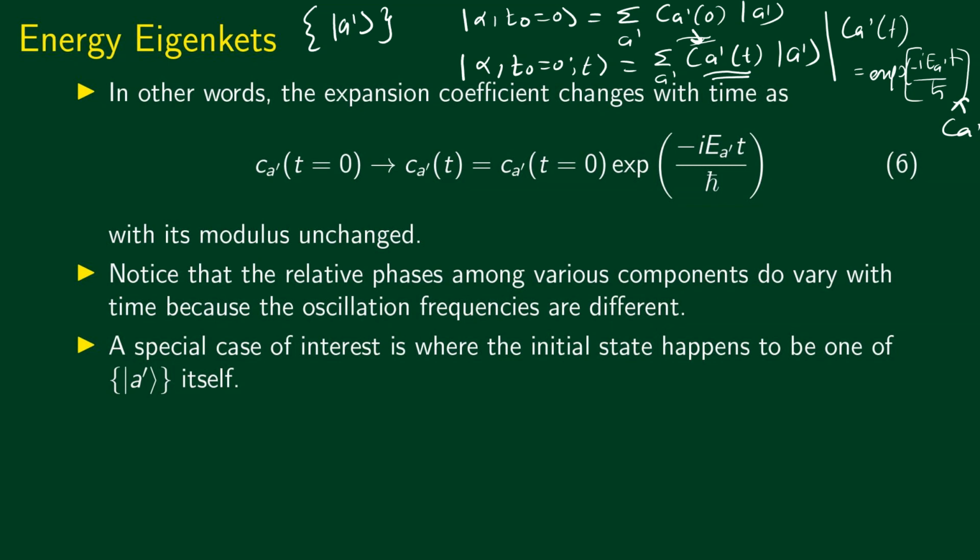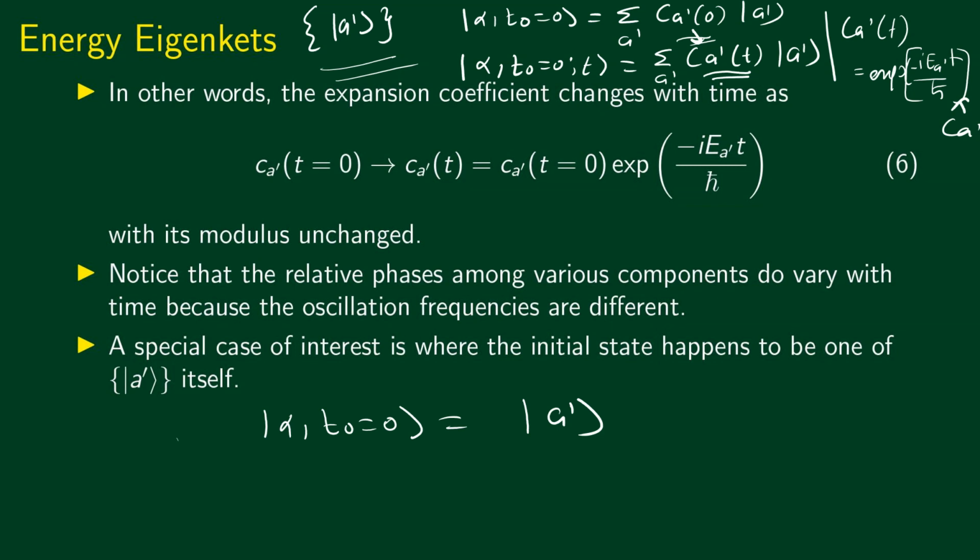All right. Now let's look at a special case where the initial state happens to be one of the base kets itself, one of the eigenkets ket A prime itself. All right. So we are looking at the case where ket alpha comma t0 equal to 0 is simply one of the eigenkets of operator A or one of the base kets that we are considering here. All right.